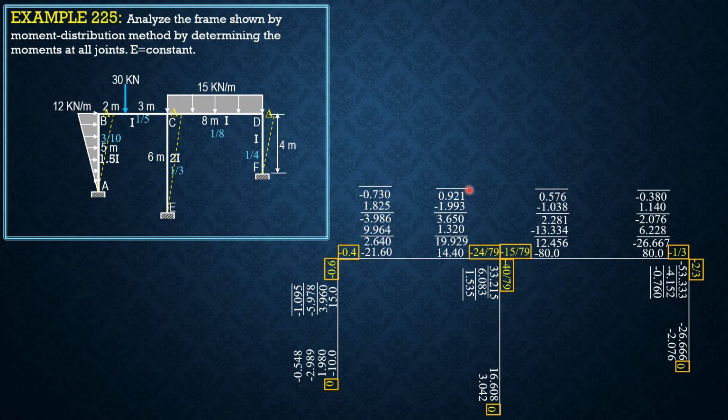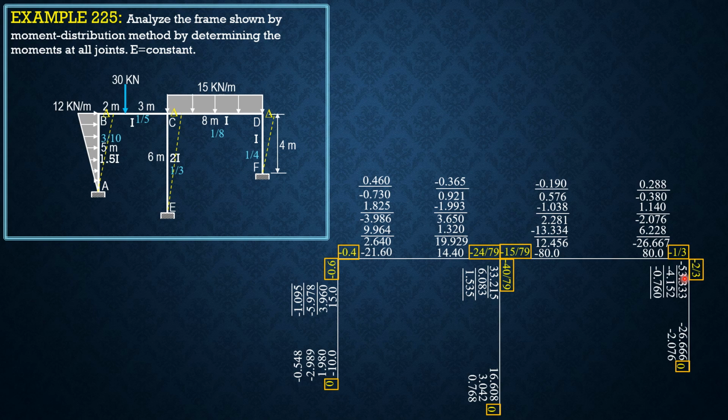Quantity negative 0.365 minus 0.190 times negative 24 over 79, 0.169. Same quantity times negative 15 over 79, 0.105. Same quantity times negative 40 over 79, 0.281. 0.288 times negative 1/3, negative 0.096. 0.288 times negative 2/3, negative 0.192.